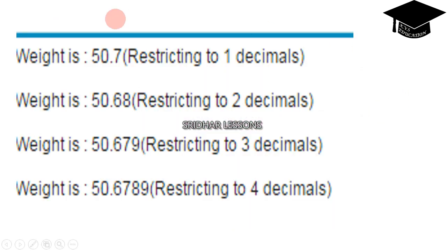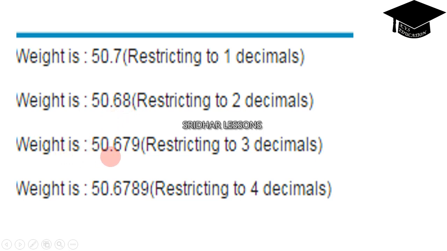Next, weight. For example, if the weight is 50.7, that means it is restricted to 1 decimal only. If the weight is 50.68, if you observe here, it has 2 decimals.